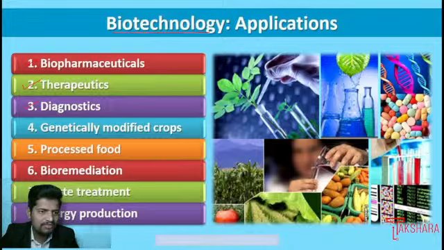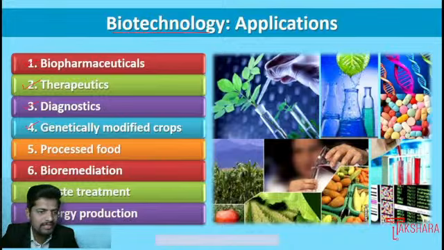And the most important one, the fourth, is in the field of agriculture: genetically modified crops. Nowadays, a variety of crops are present, but majorly these modified crops are very useful, the production yield is high, and they have resistance to different types of disease.